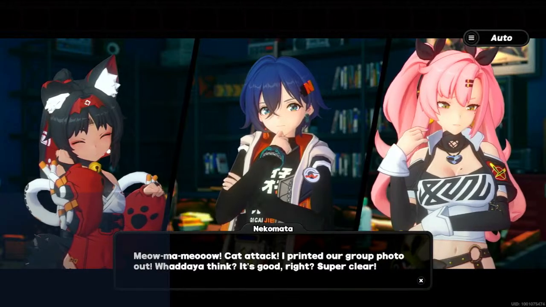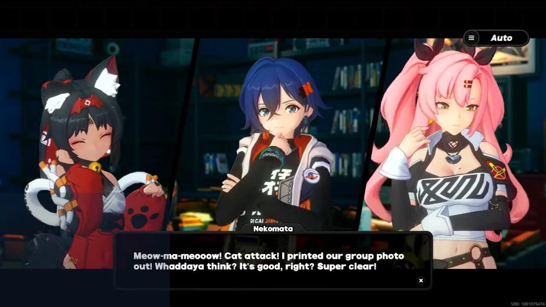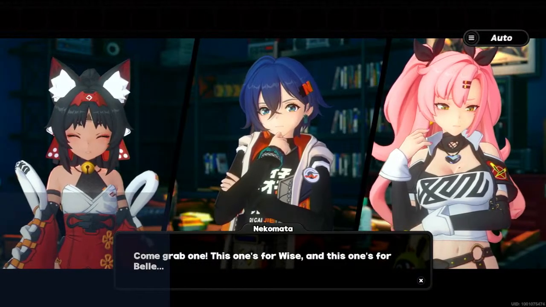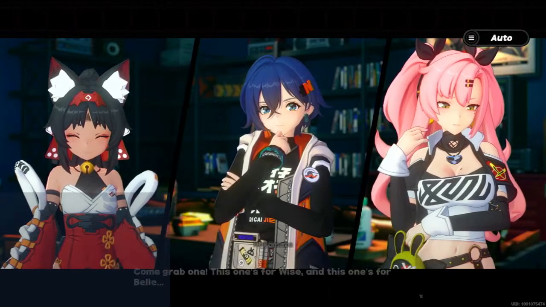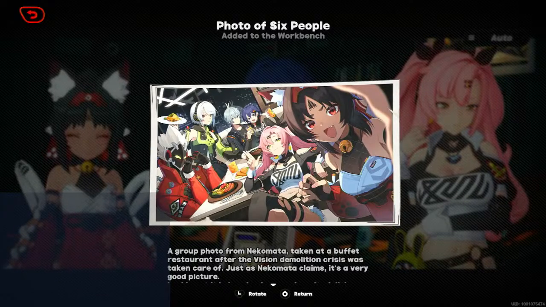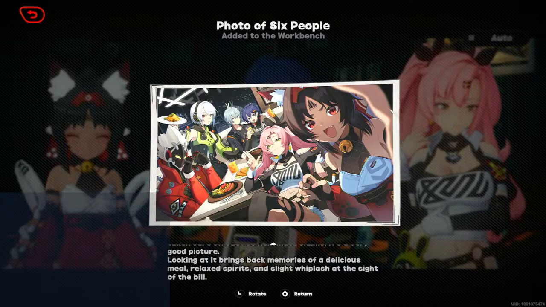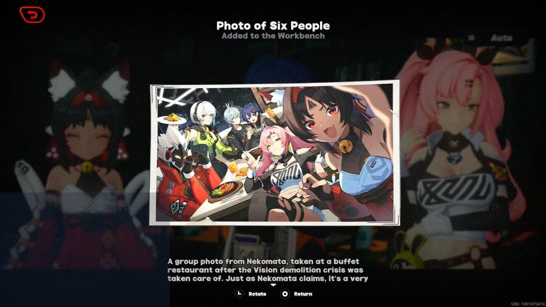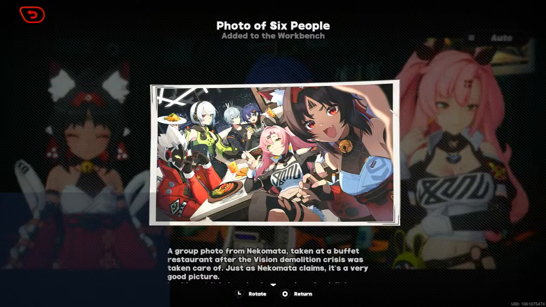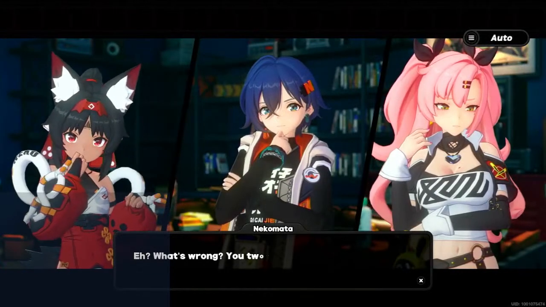Meow, meow, meow! Cat attack! I printed our group photo out. What do you think? It's good, right? Super clear! Come grab one. This one's for Wise, and this one's for Belle. What's wrong?